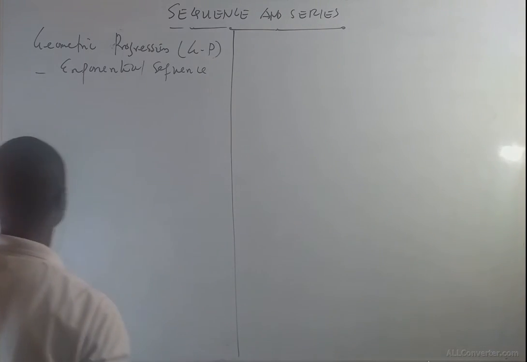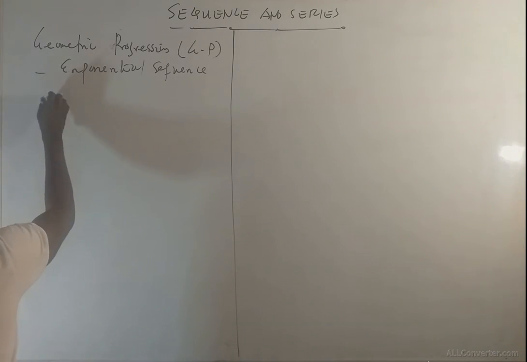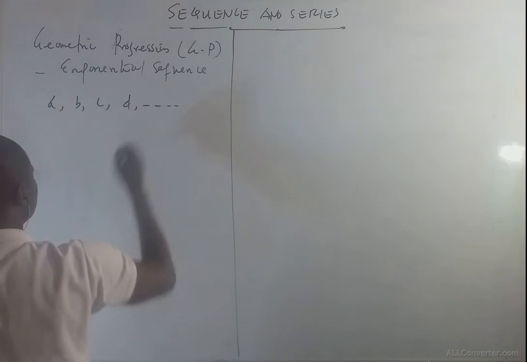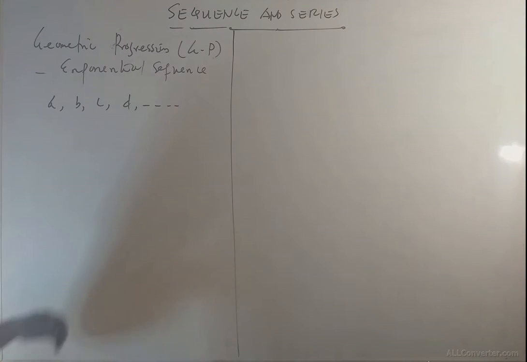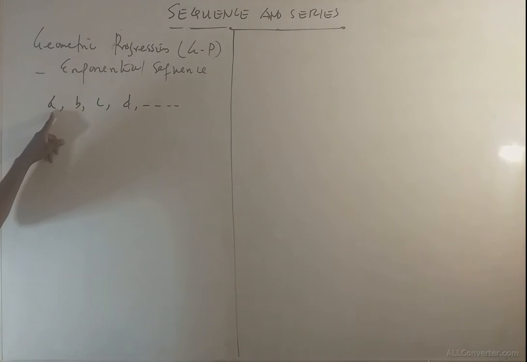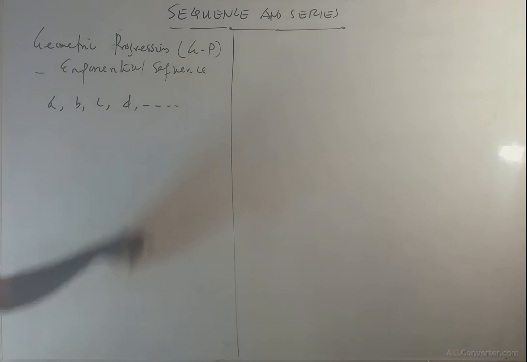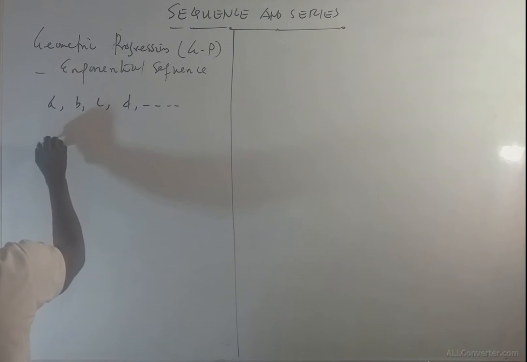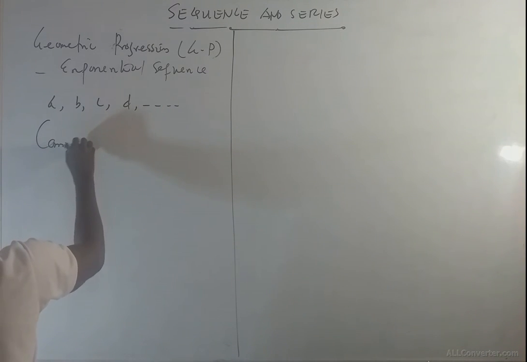So now, let's assume that we have the sequence A, B, C, D, and this is an exponential sequence. The first term is A, the second term is B, the third term is C, and the fourth term is D. Now, if you want to find the common ratio, this is how we find it.